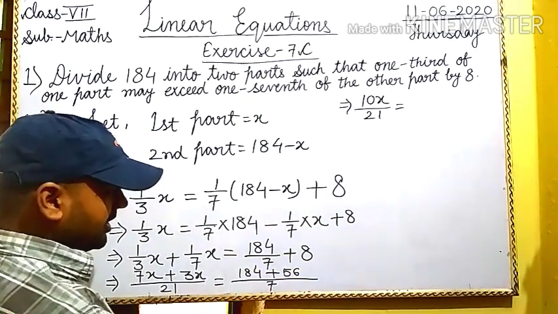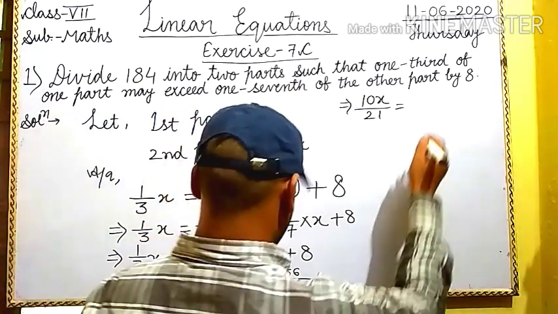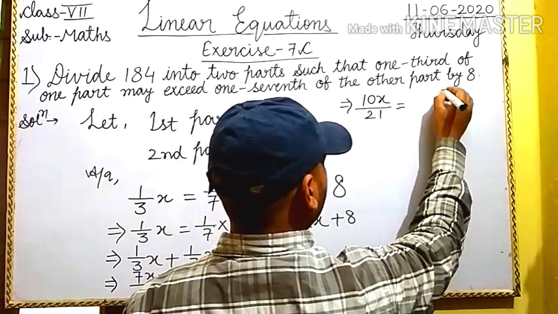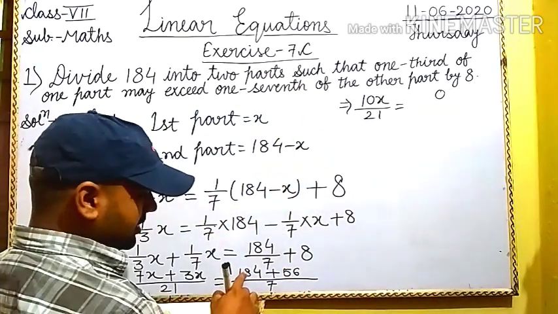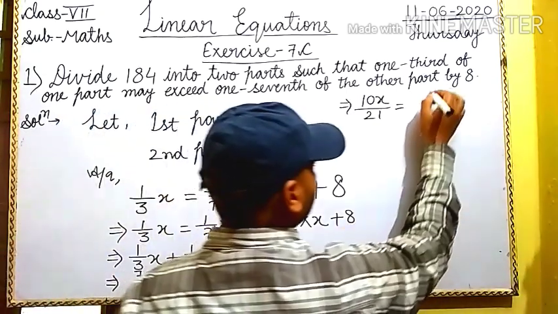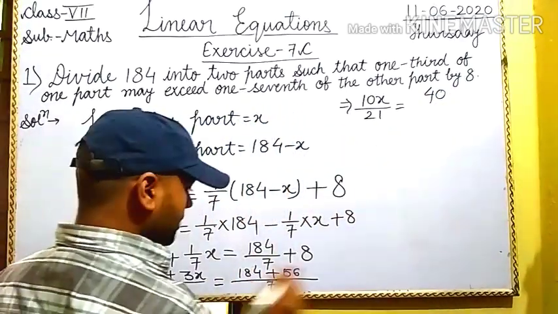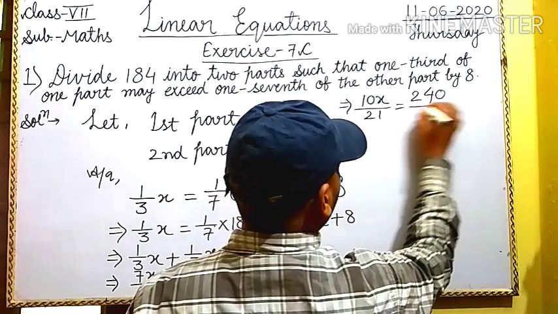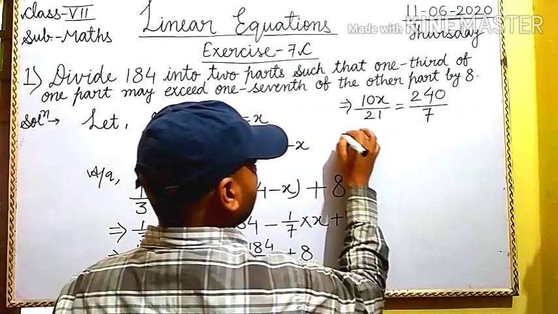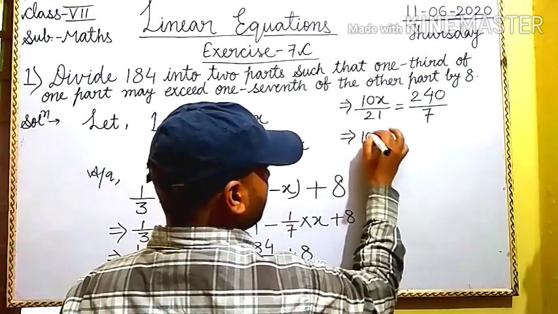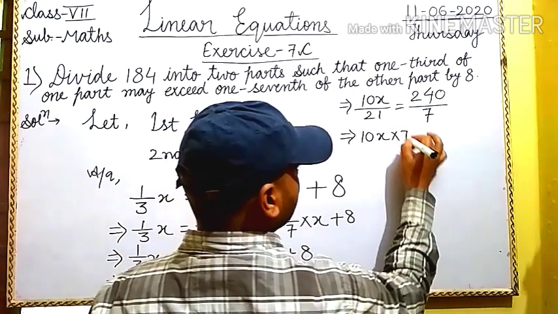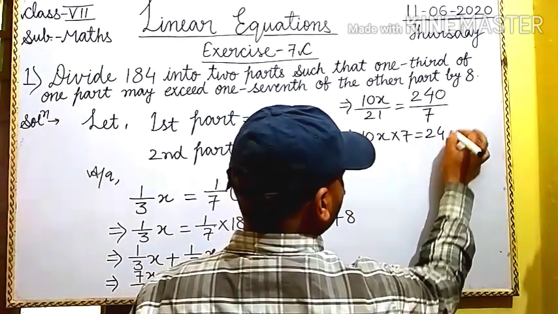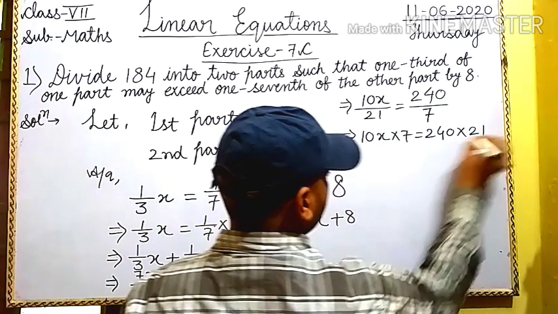So we added and get 240 upon 7. Here is the cross multiplication concept. 240 into 21.